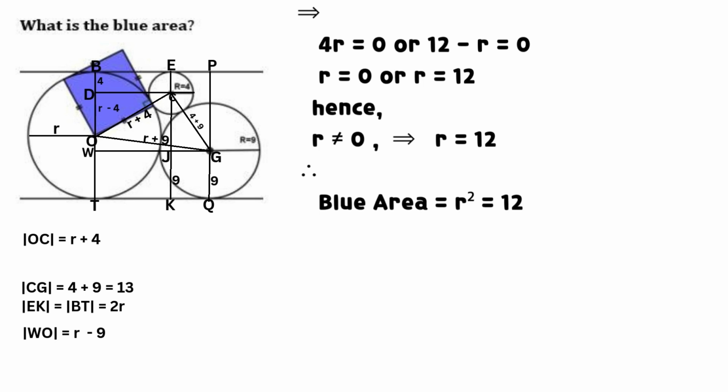Hence, R equals 0 or R equals 12. R equals 0 does not exist. It implies that R equals 12. Therefore, blue area equals the square of R, which equals the square of 12. The final result is 144 square units.